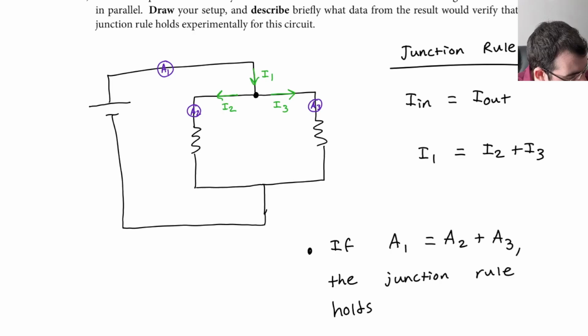We actually do this one in the lab, and I get pretty consistent student results with this. We'll get it correct to about a hundredth of an amp. We'll see that this will work out. And any differences are usually due to the fact that we're moving these ammeters around and there's some internal resistance in there that we're not accounting for.